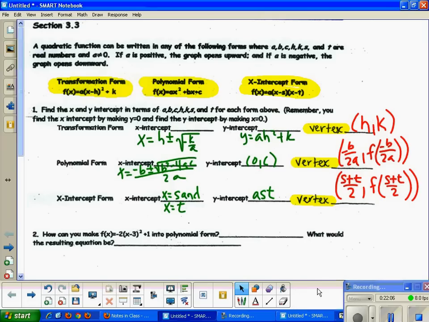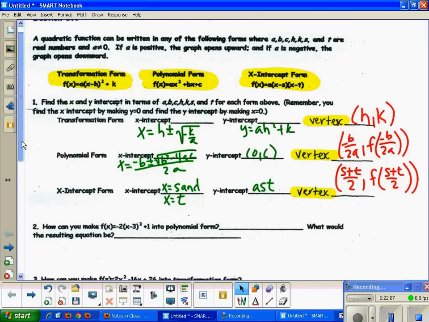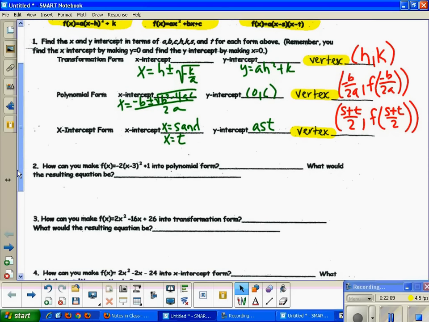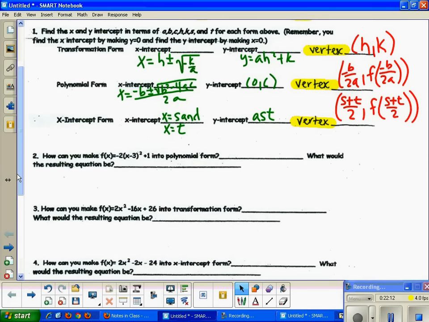So the last part that I want to talk about is how you can make one form go into the other forms. So how can you make f(x) equals negative 2 times the quantity x minus 3 squared plus 1 into polynomial form? So this is transformation form. Then what would I need to do? Polynomial form is ax squared plus bx plus c, which means I want to use my order of operations and combine like terms.